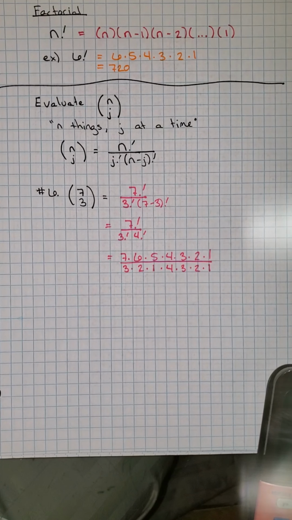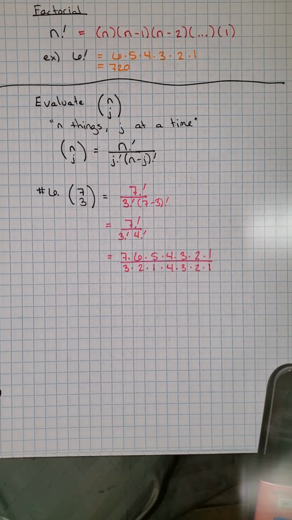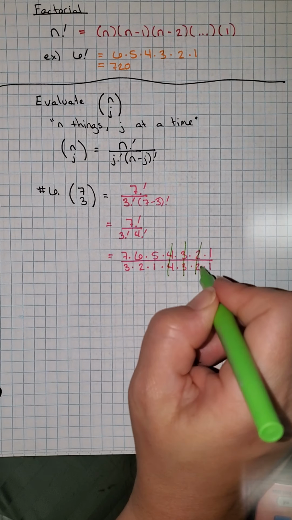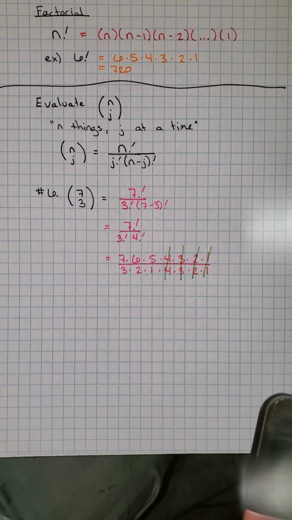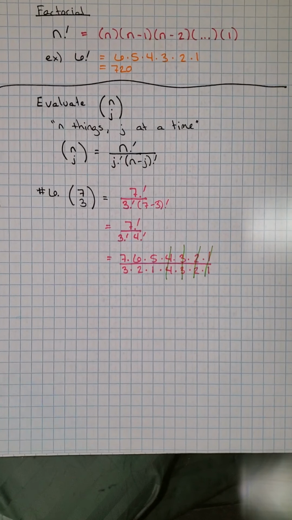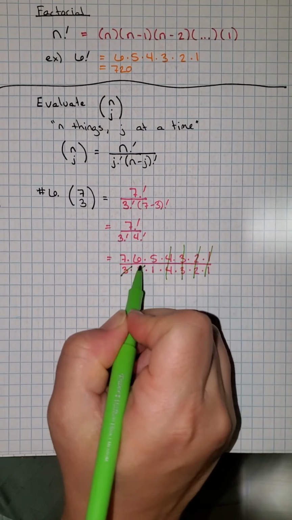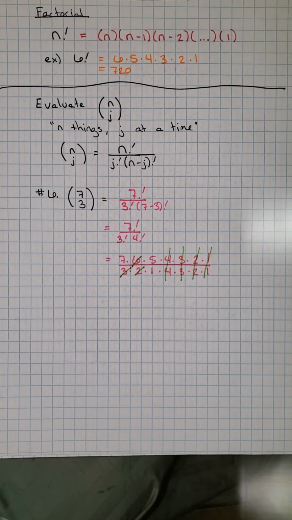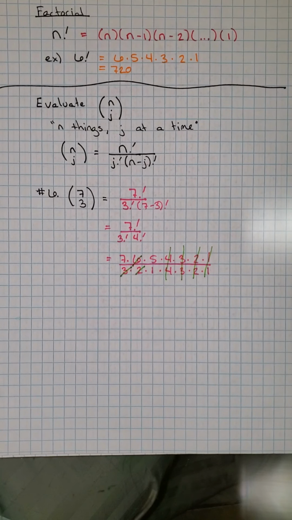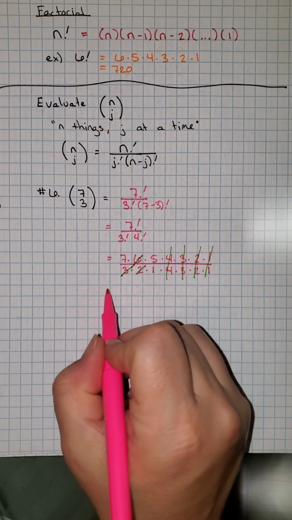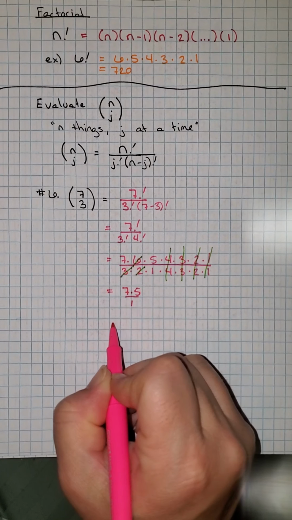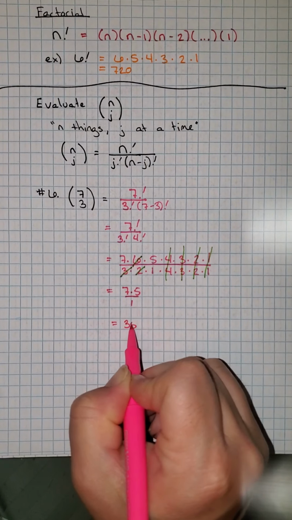Then you can start crossing stuff out. At the end there, you have the 4, 3, 2, 1, and they cross out because you have them on the top and on the bottom. Then you have 3 times 2 on the bottom, which is 6, so that cancels out with the 6. You can do a bunch of calculations there without even busting out a calculator. So you're just left with 7 times 5 over 1, which you don't really need. So 7 times 5, which is 35.